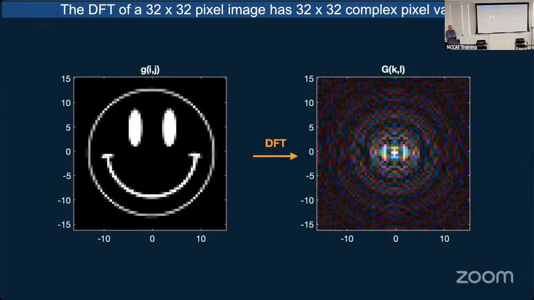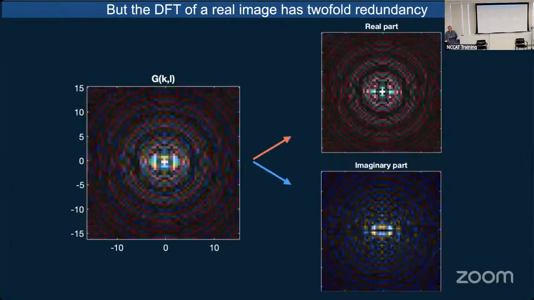Now, you would probably say, well, no, there's something wrong here, because here is a 32 by 32 pixel image, and here is a 32 by 32 pixel Fourier transform, but each pixel has a real and an imaginary value. And so there's something wrong here as far as the information. And it turns out that no, there is no extra information here, because the real part is symmetric and the imaginary part is anti-symmetric in this thing.